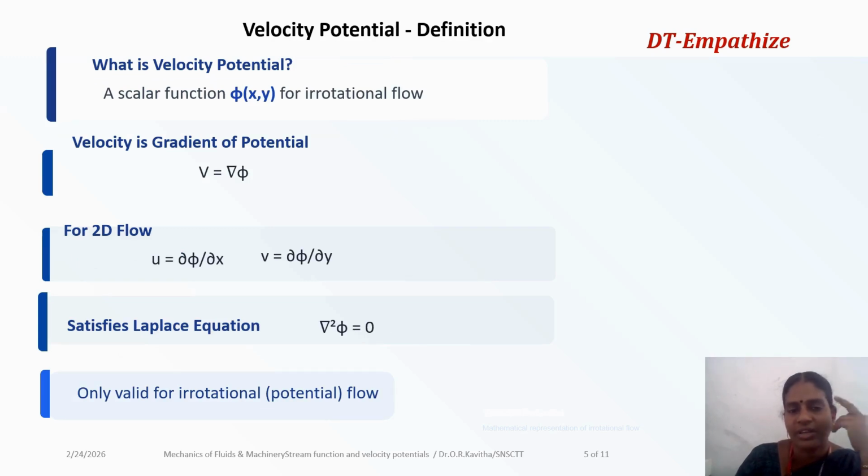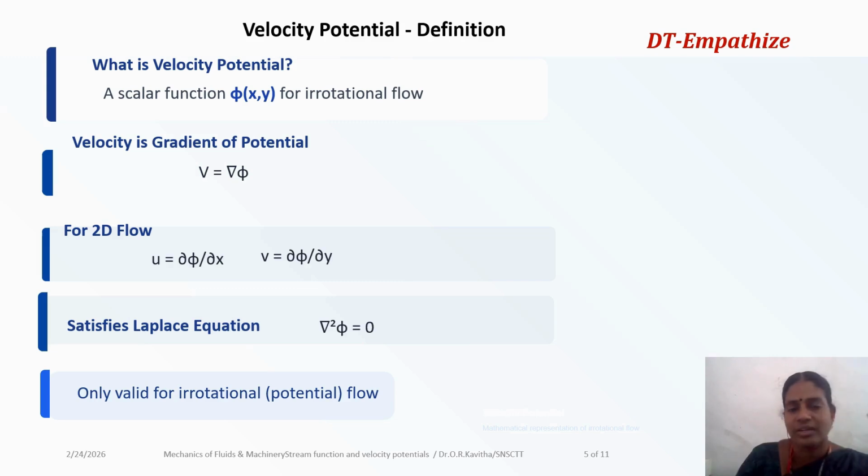And the velocity potential function is a scalar quantity for irrotational flow. We represent it by the letter φ. The velocity is the gradient of the potential, so V equals ∇φ.